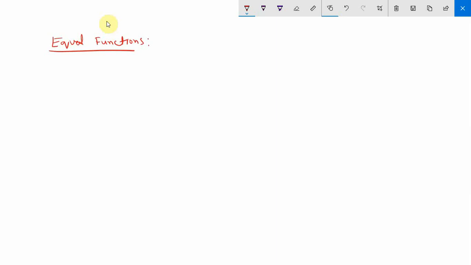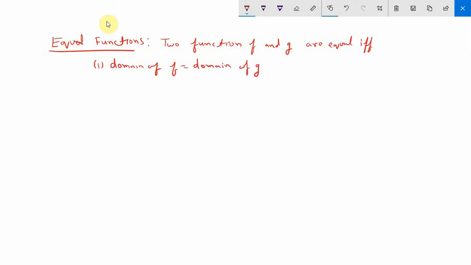Two functions defined by f and g are equal if, first condition, domain of f equal to domain of g.